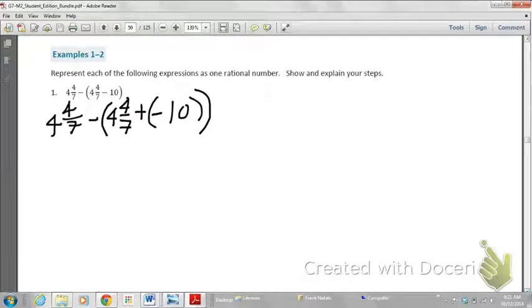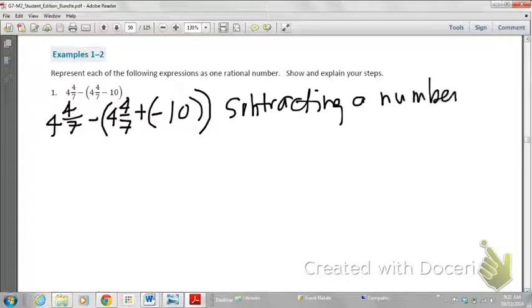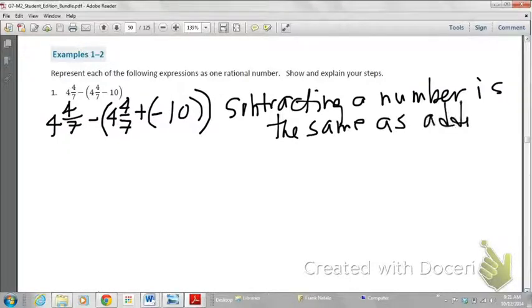And again, subtracting a number is the same as adding its opposite, or adding its inverse. Same thing.